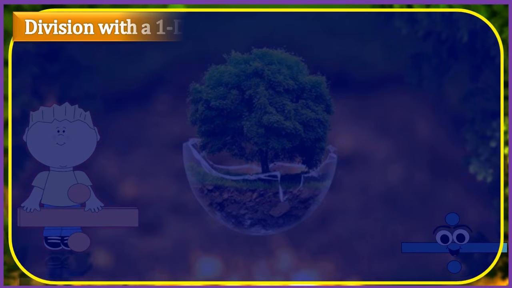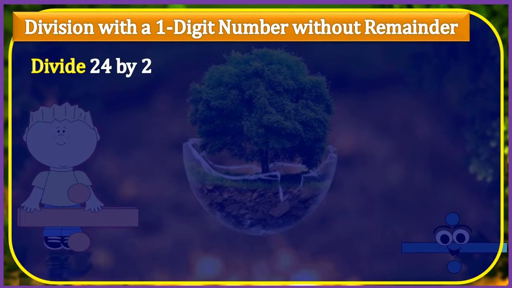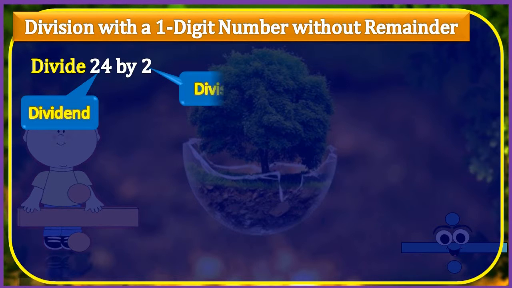Division with a one-digit number without remainder. Suppose we divide 24 by 2. Here, the number 24 is the dividend, that is of 2 digits, and 2 is the divisor, that is of single digit.